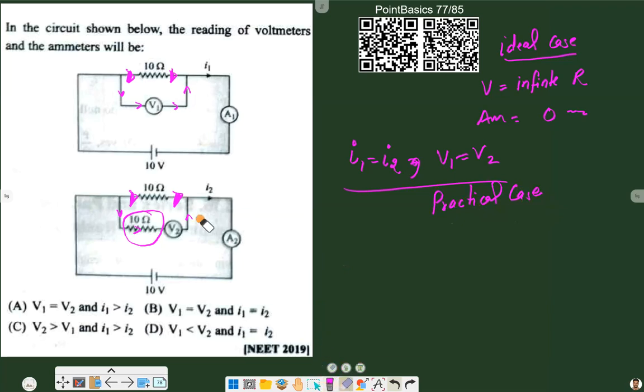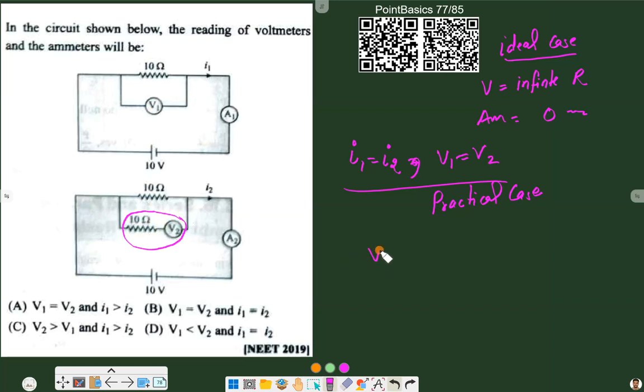So in the practical case, let's first clean this. Now practically a voltmeter has very high resistance, but that's not infinite, and the higher the resistance of the voltmeter, the higher the value it measures. Assuming that both of these voltmeters are identical, this voltmeter has an additional 10 ohm resistance with it, so effectively this voltmeter has higher resistance compared to V1, and higher resistance means it will measure a higher value.